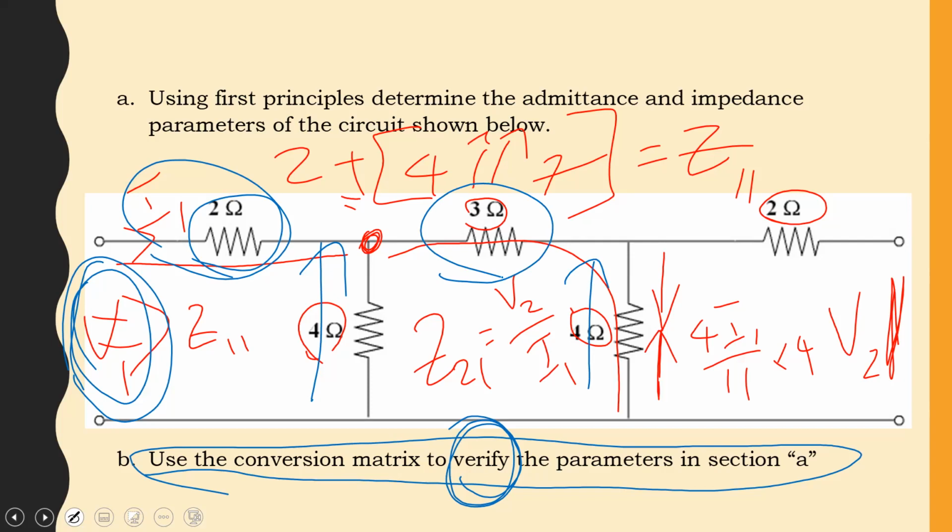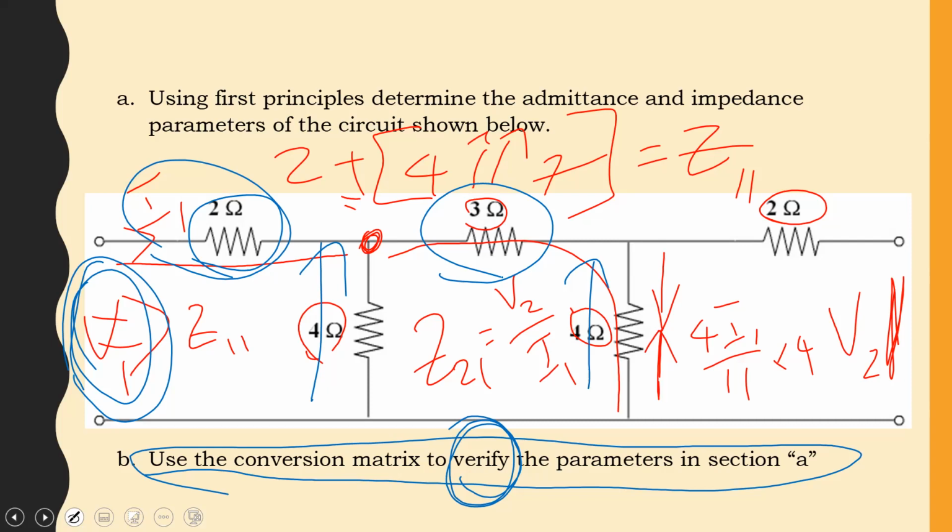It's just that you have your terminal and V1 at the terminal right at the end here, right? So that voltage. I was also thinking about splitting up the circuit and having a pi network, but no, that wouldn't work because it would leave out the 2 ohm resistance.